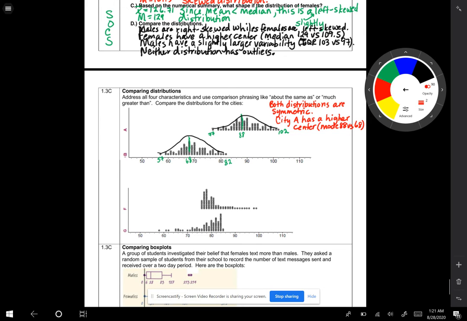As far as the spread goes, let's calculate the range. 102 minus 77 is 25. 82 minus 57 is also 25. So both cities have the same spread.